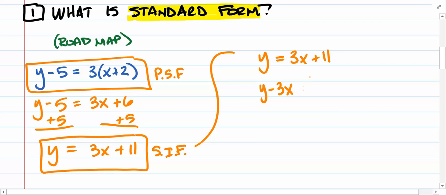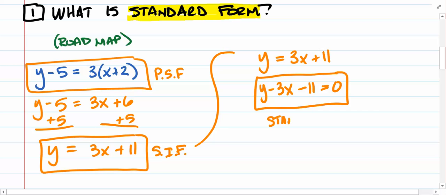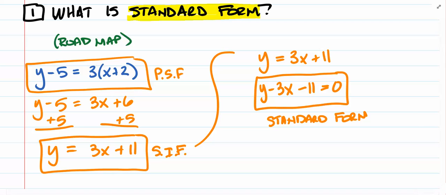And then if I subtracted the 11, I would get equals 0. And now this is what's known as standard form. Standard form. So the true way that we represent standard form is as follows.